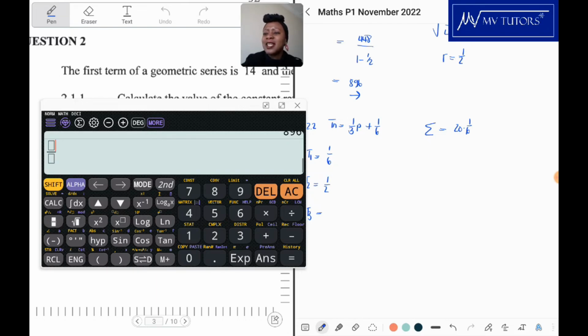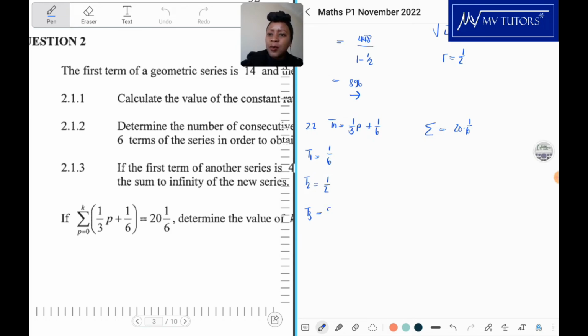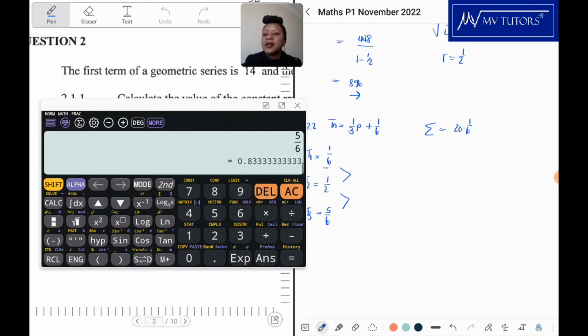Calculator malfunctioning. 2 over 3 plus 1 over 6. I wanted it in fraction form, so that's 5 over 6. Okay, so I have my first 3 terms. So then, what is my common difference? I have my first term, and I'm going to look for my d, because I've established that it is an arithmetic series.